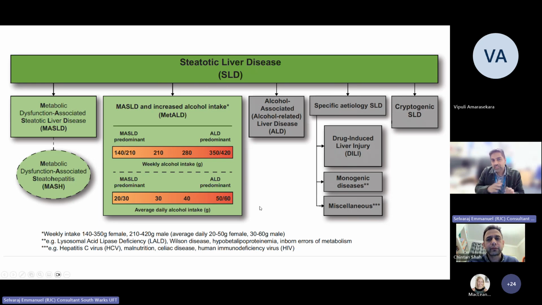Technically, it's actually from 20 units right up to 52 units that fits into this bit. But because the UK guidance is 14 units, for ease, we say 14 units and below go into this, 35 for women and 50 for men go into this. Anything else comes in the middle.